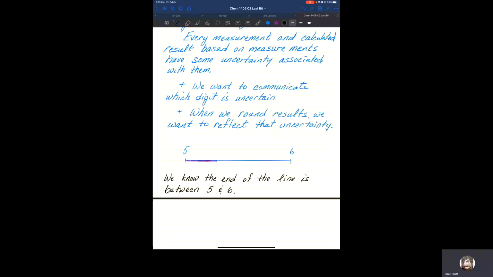Well, it seems to be less than halfway. So an estimation of something bigger than 0.5 doesn't seem quite right. Maybe 5.4, 5.3, maybe. Maybe 5.2.